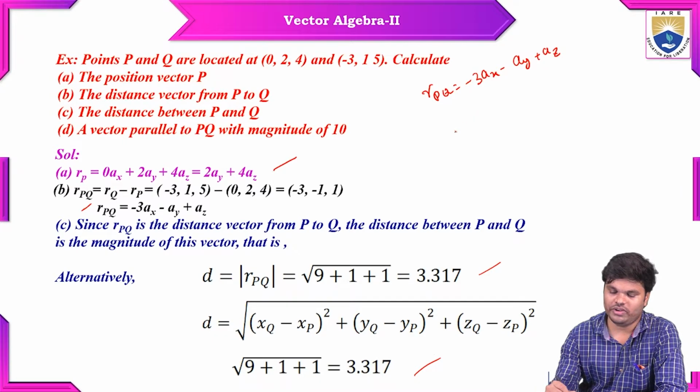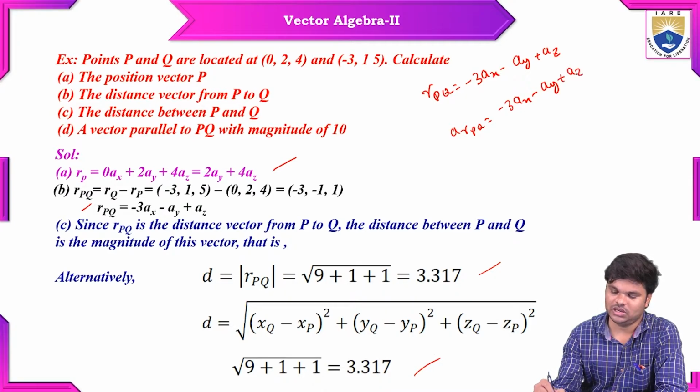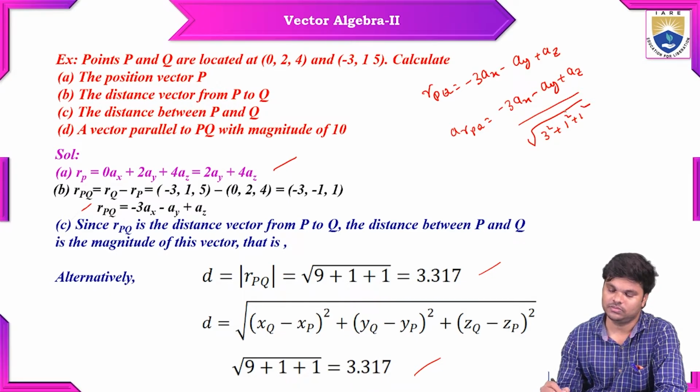Now I am going to find the unit vector along RPQ: (-3AX minus AY plus AZ) divided by root of 3 square plus 1 square plus 1 square.